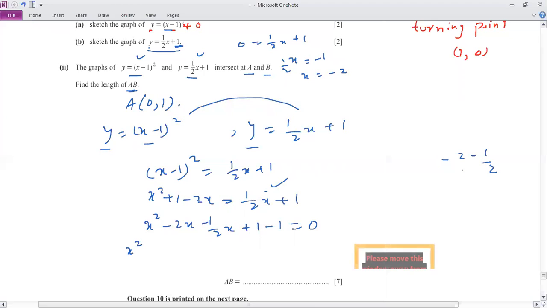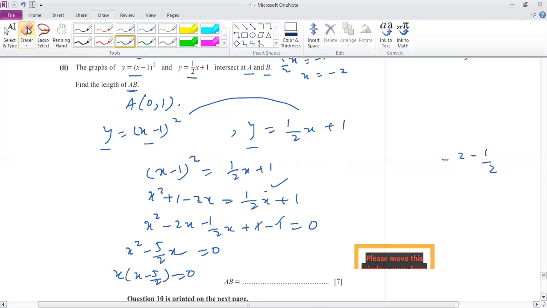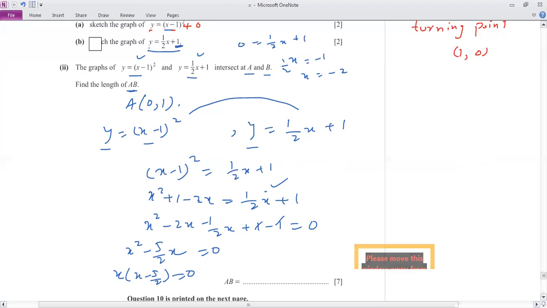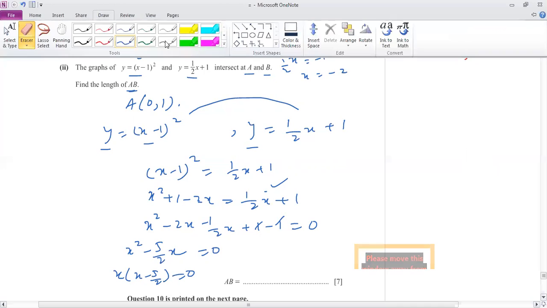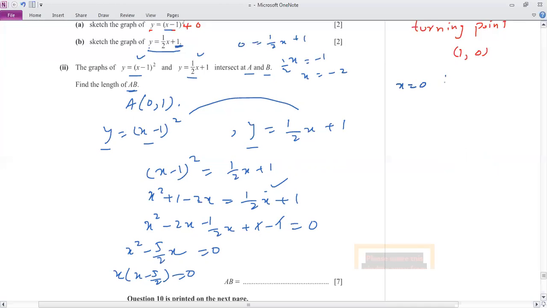So that will become minus 5 over 2x, and 1 and minus 1 will cancel. That is equal to 0. You can take x common. It will be x times (x minus 5 over 2) equal to 0. So here x is equal to 0. The other option is x minus 5 over 2 is equal to 0. So from here x will be 5 over 2.